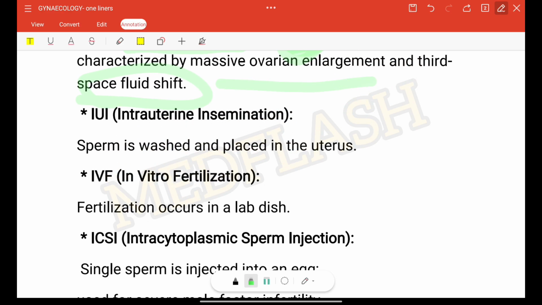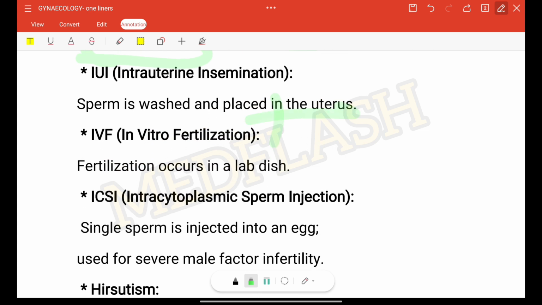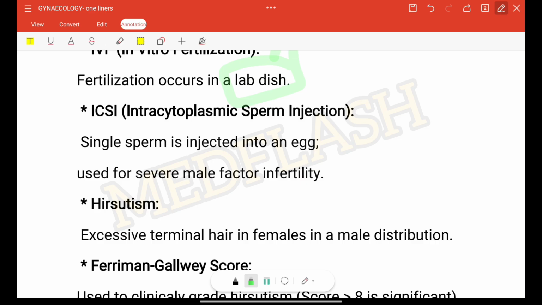Intrauterine insemination: sperm is washed and placed in the uterus. In vitro fertilization: fertilization occurs in a lab dish. Intracytoplasmic sperm injection: a single sperm is injected into an egg, used for severe male factor infertility.